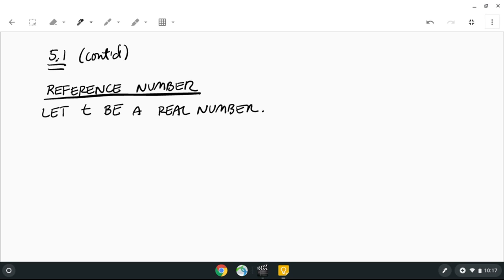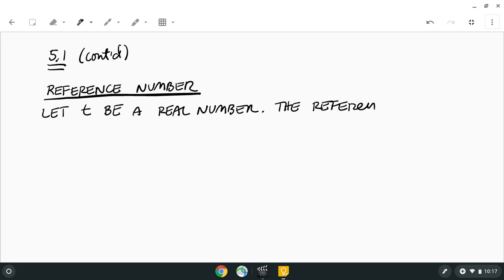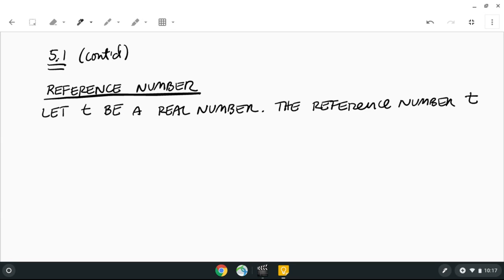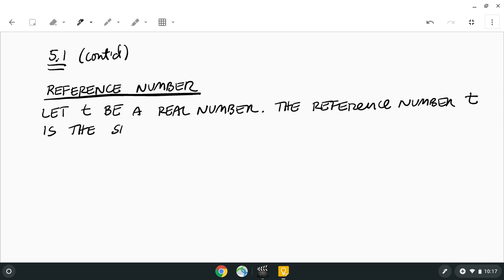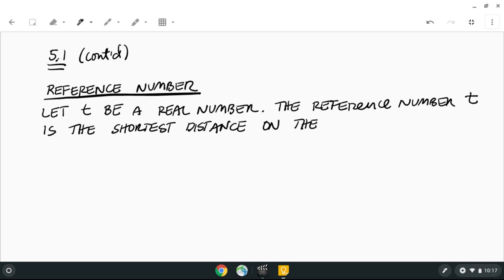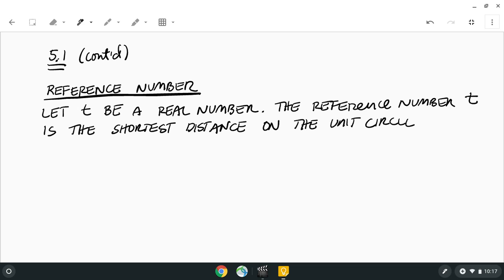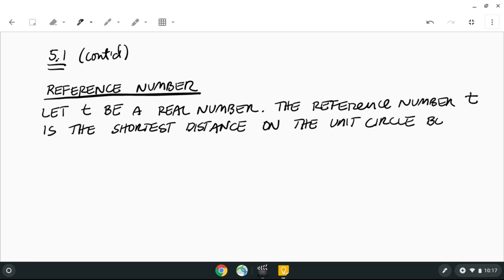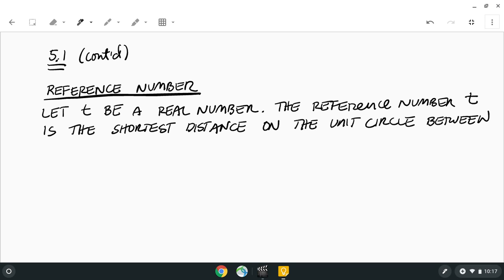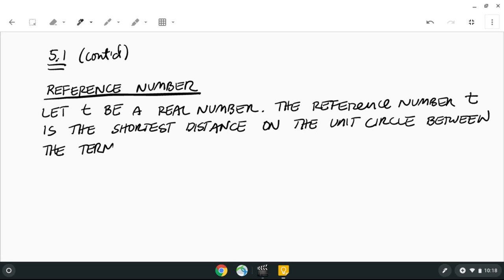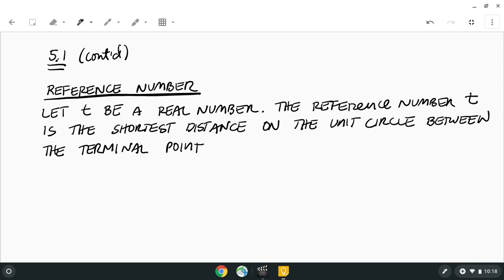The reference number t-bar is the shortest distance on the unit circle between the terminal point and the horizontal axis.